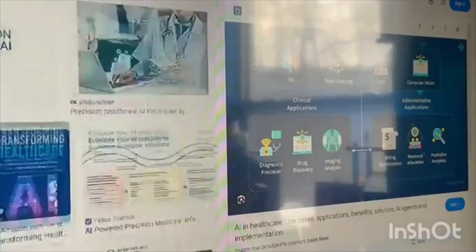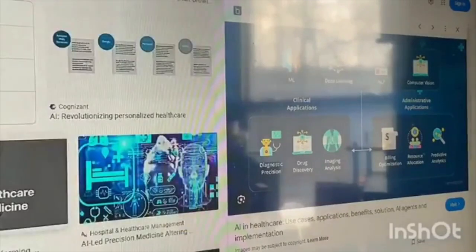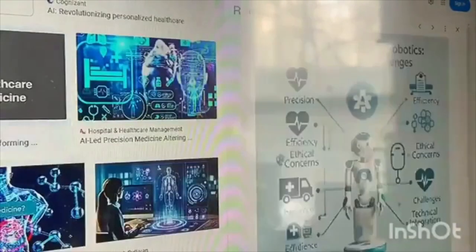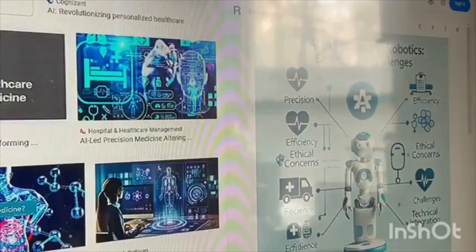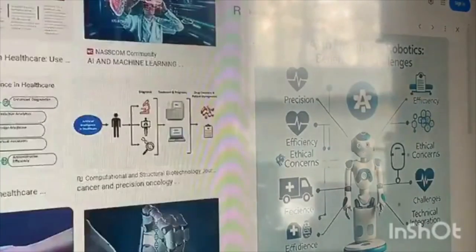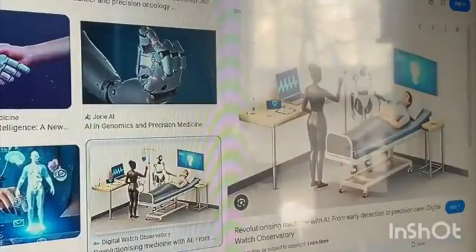Meanwhile, when you tell people that they're already tethered to the cloud, they don't understand. And this is why: the anatomy that you're using to log in and out of their body for all these things I'm showing you in the Sunbeam, which you can look for and look at for yourself, because I'll leave it all here for folks. Revolutionizing medicine with AI, from early detection to precision care.